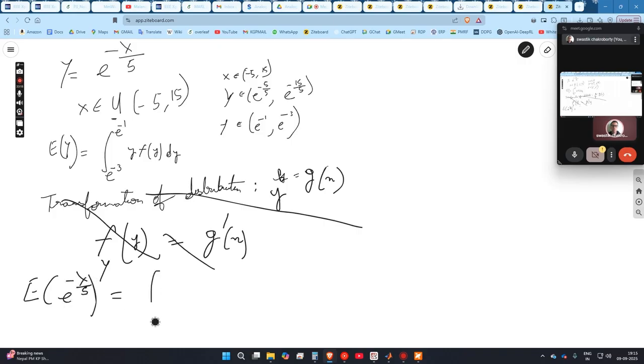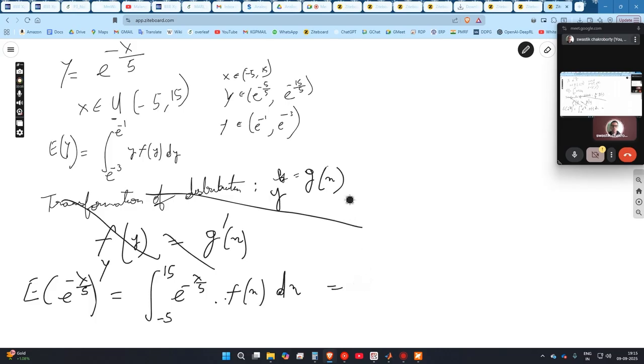So it is the integral between minus 5 and 15 of e to the power minus x by 5 f(x) dx. So what is f(x)?